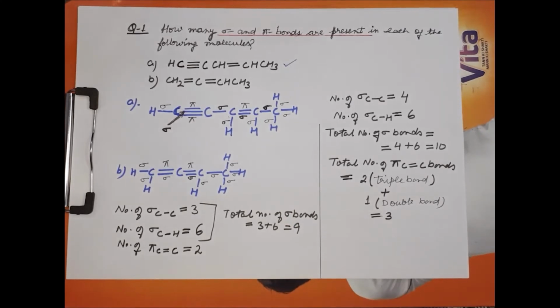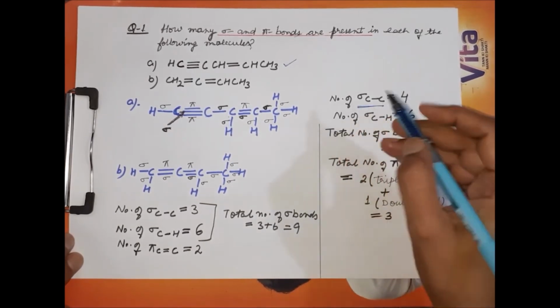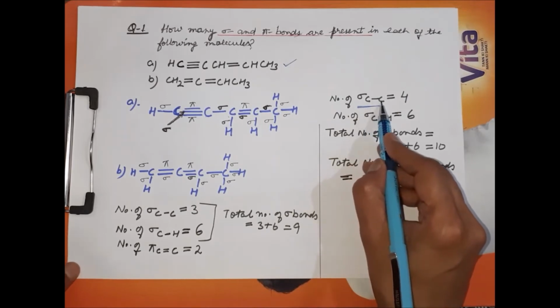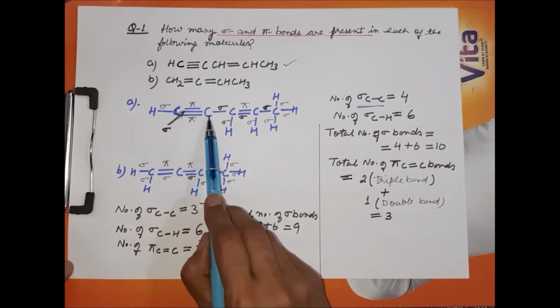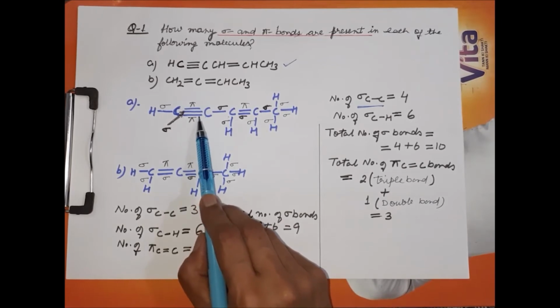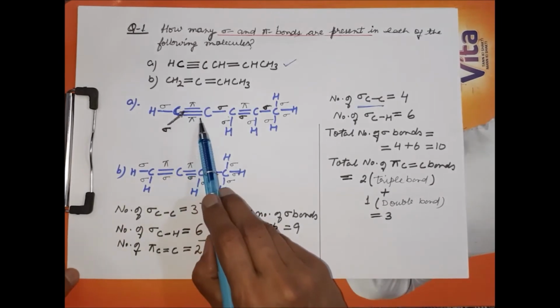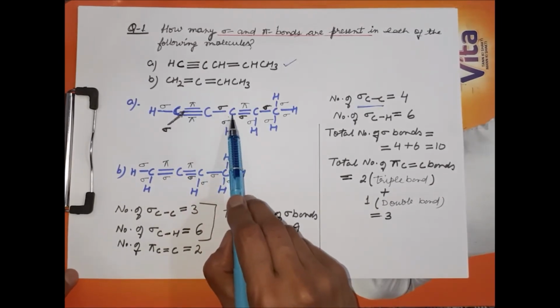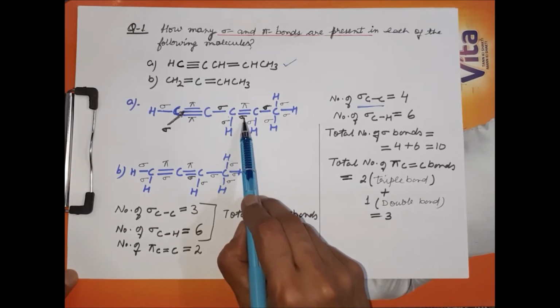In this way we can write the expanded form, and then we can start counting, first the number of sigma C-C bonds between two carbon atoms. First we can see here this is a triple bond. Just now we have discussed that in a triple bond only the middle one is the sigma bond. So one sigma bond here, and this is a single bond, which will be a sigma bond only. And in this carbon double bond, there is one sigma and one pi.